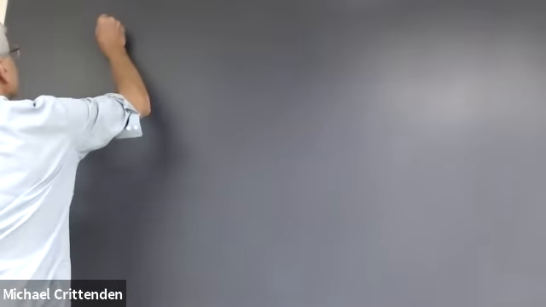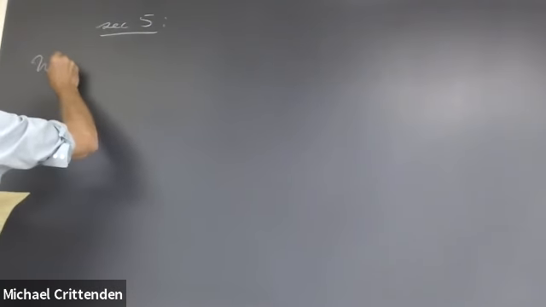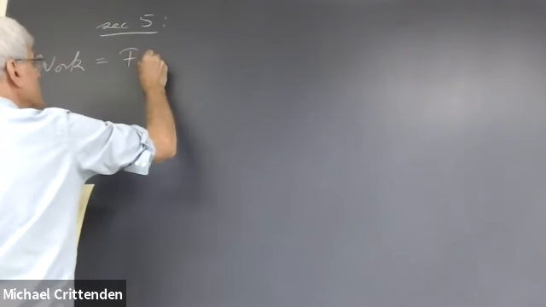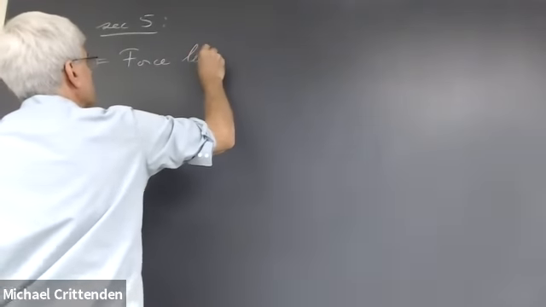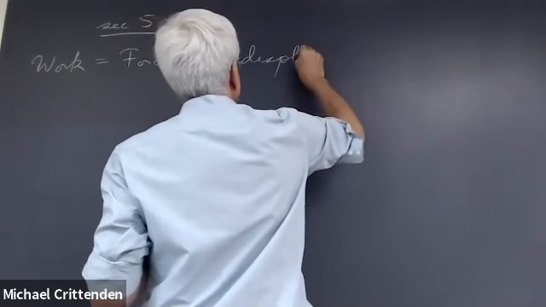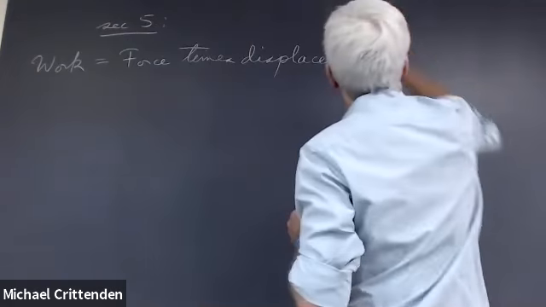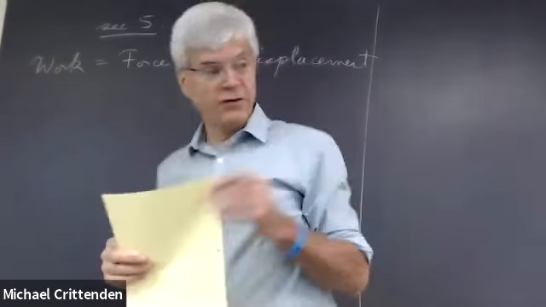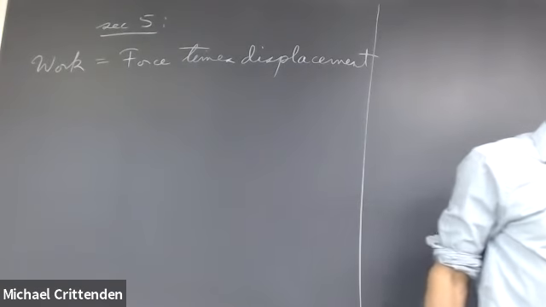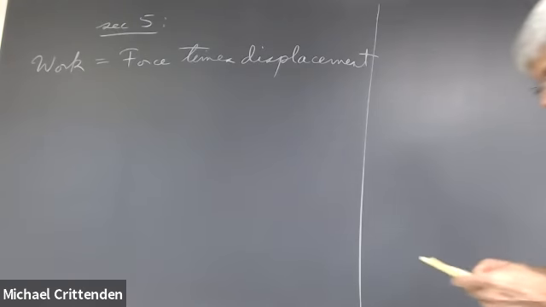Section 5. Work. Force times displacement, which means we've gotten into a situation where we need to multiply a vector times another vector.